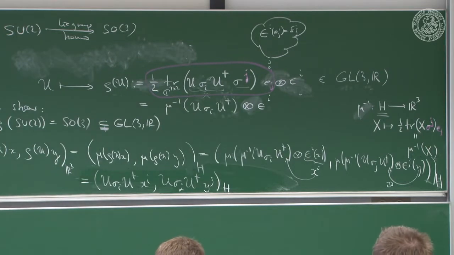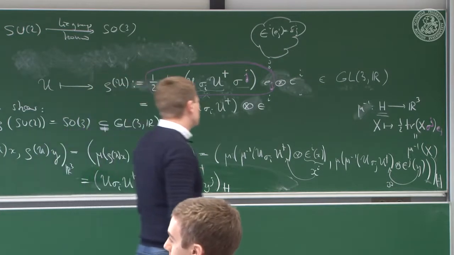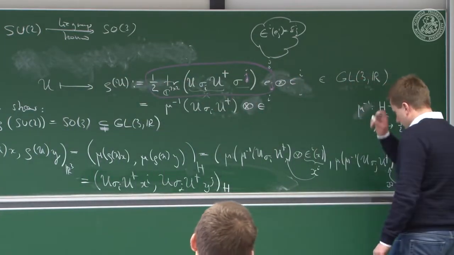Yeah? When the x and the y is plugged into the epsilon, you can get rid of this. Yeah, it's just a number. That's right. But now it says something tensor product number, and this is a little bit strange.